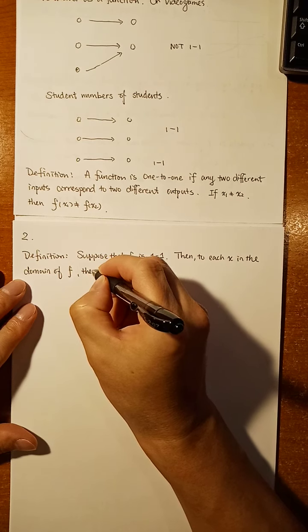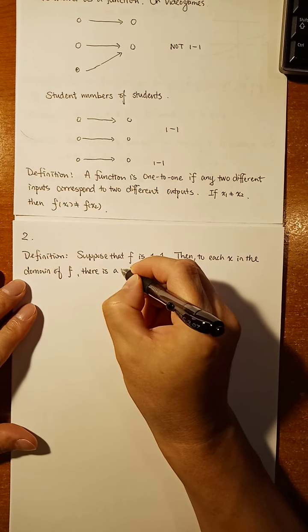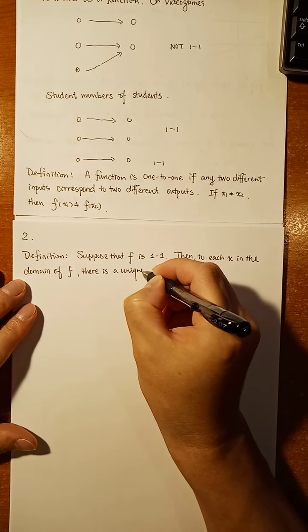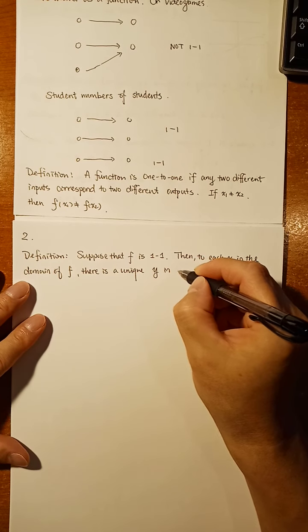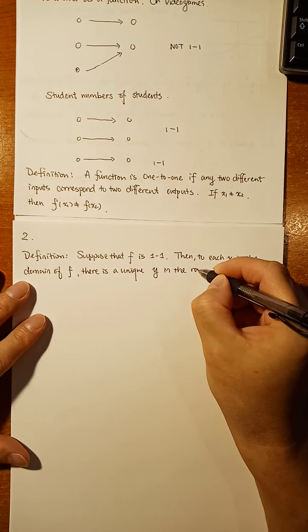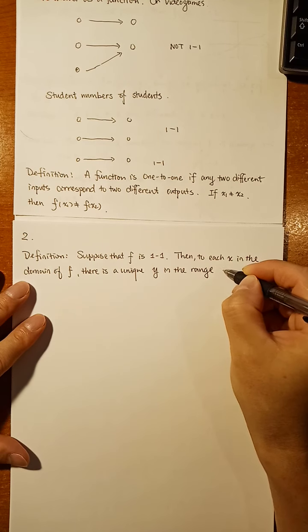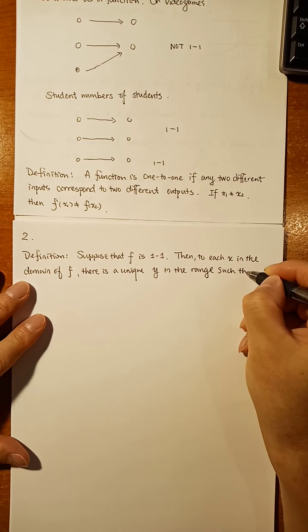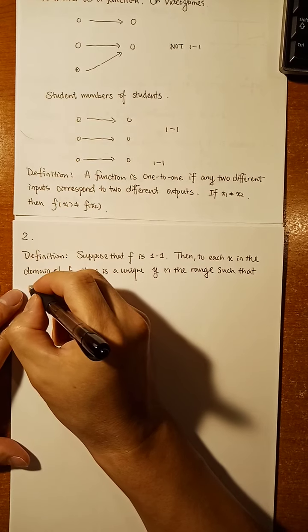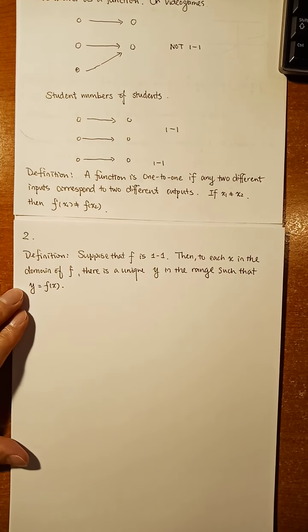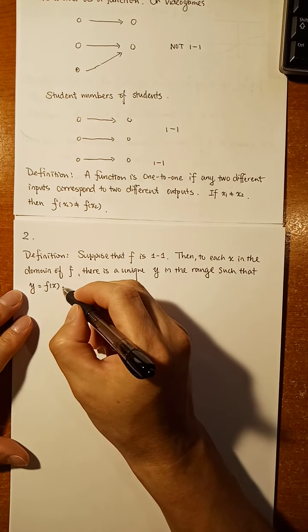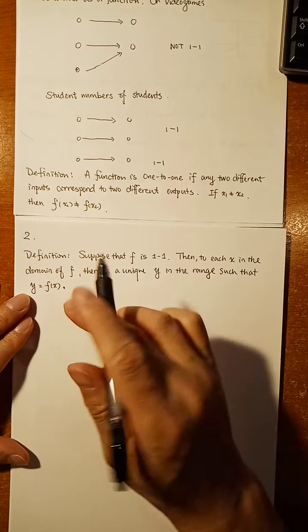There is a unique y in the range such that y is equal to f(x). Up to this point, that's a function.